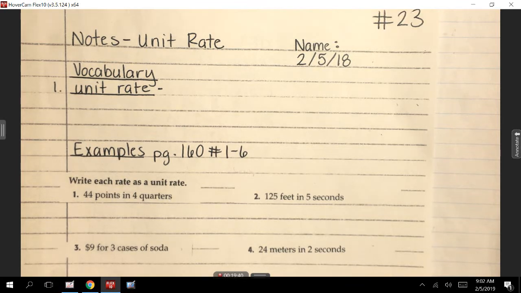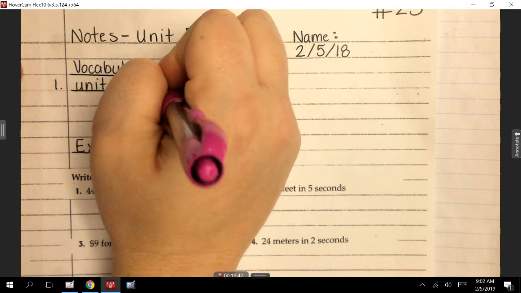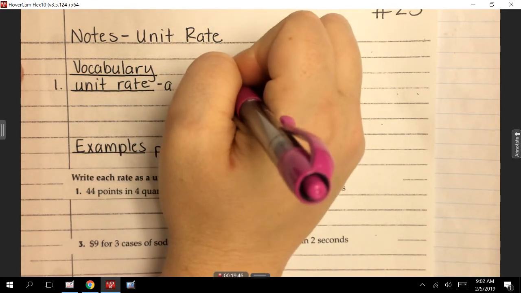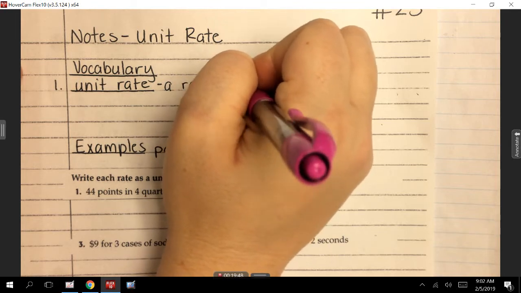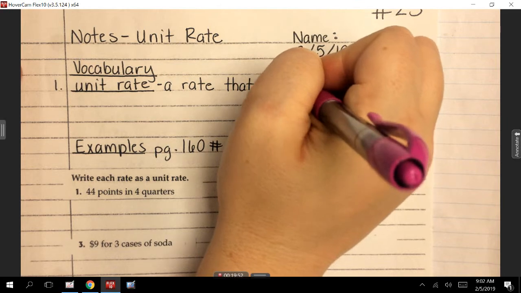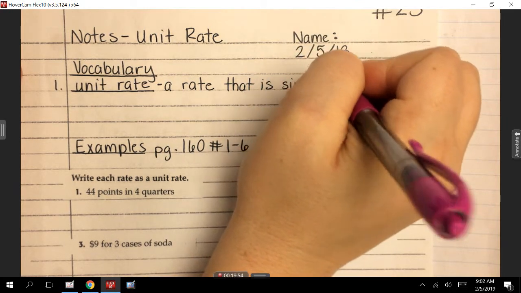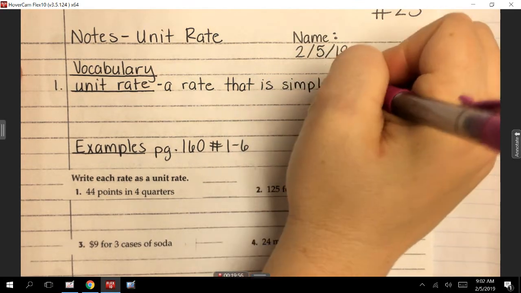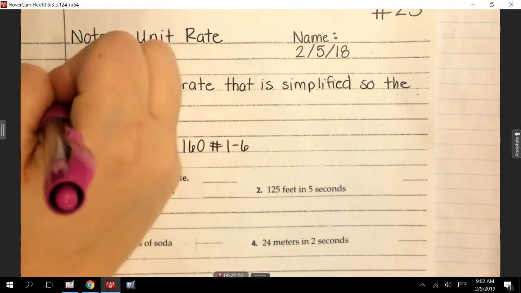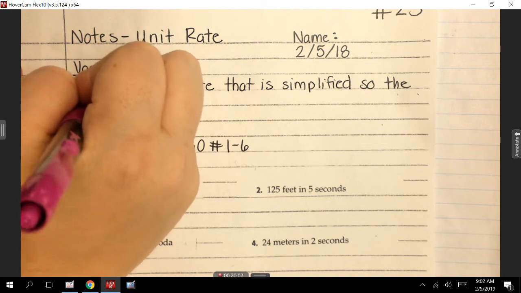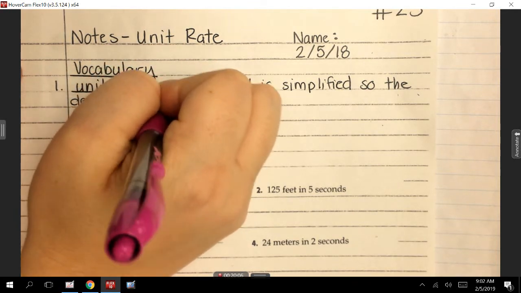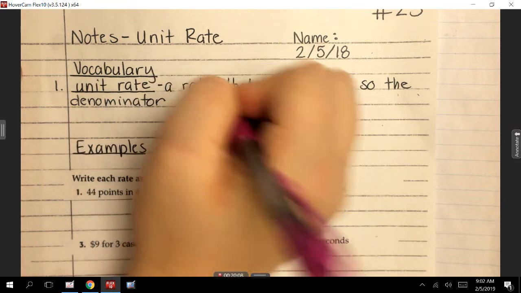So a unit rate is a rate, obviously, because it says rate, that is simplified so the denominator is 1.